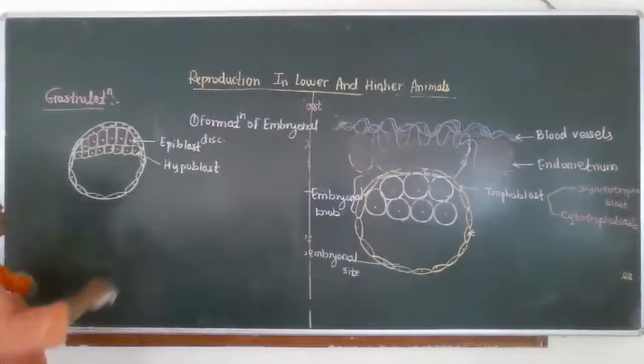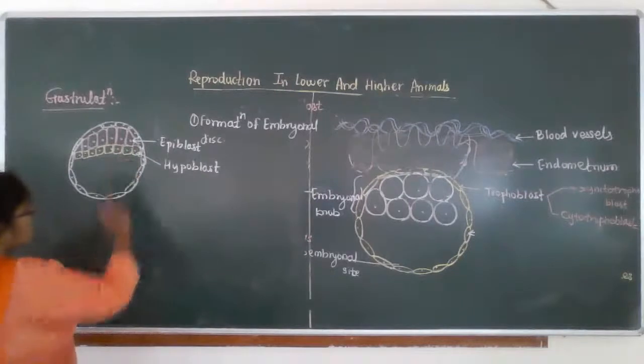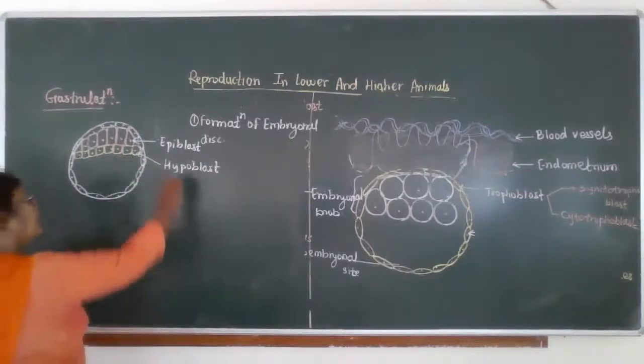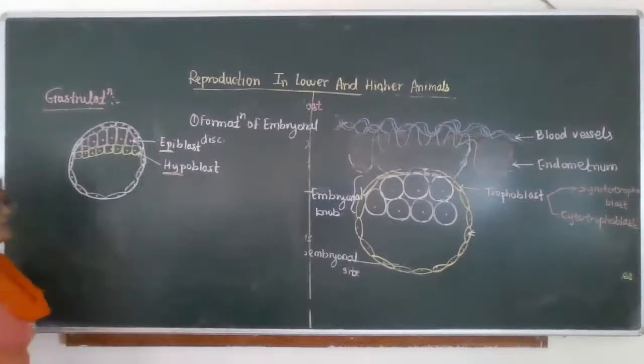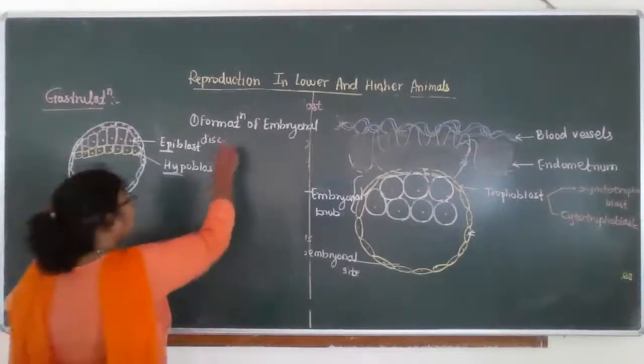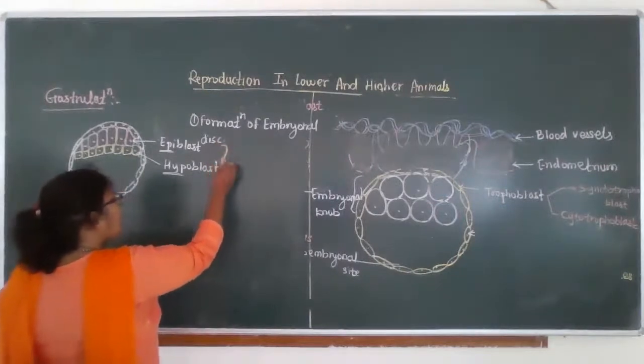Epi means at the top and hypo means below, right? So epiblast and hypoblast cells, and this is called the embryonal disc. This is simply the formation of epiblast and hypoblast.